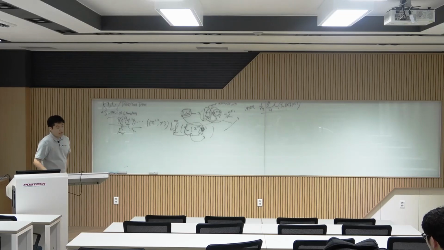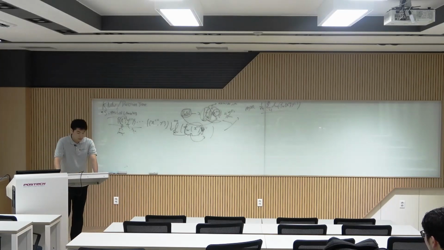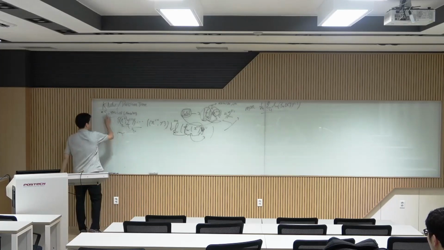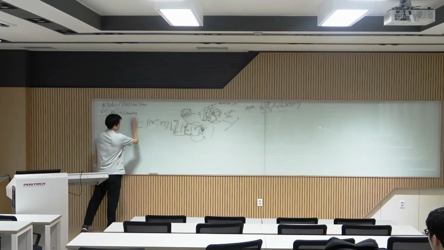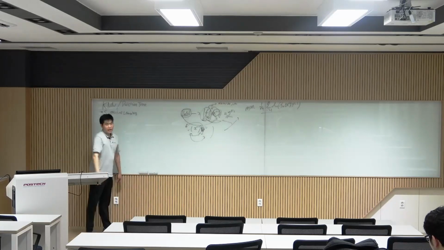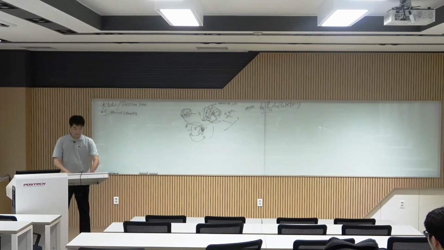And for KNN regression, regression is basically finding a numerical value for each data point. So what is KNN? KNN is K nearest neighbor.